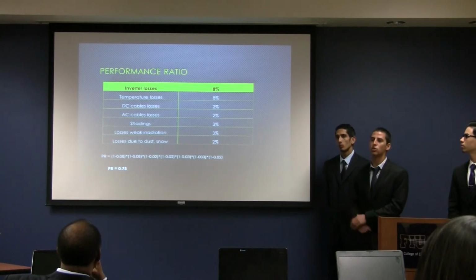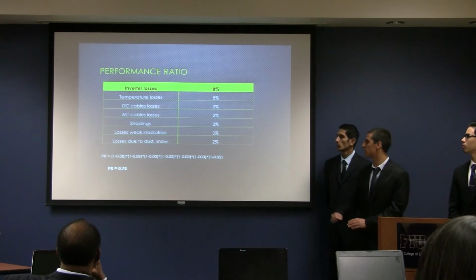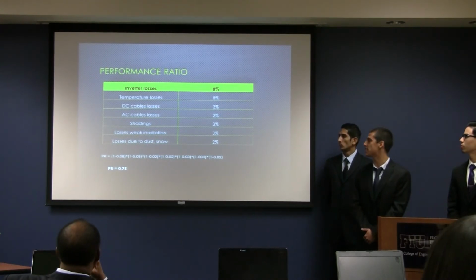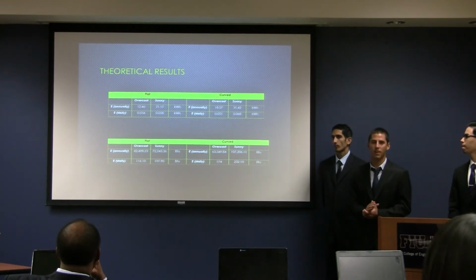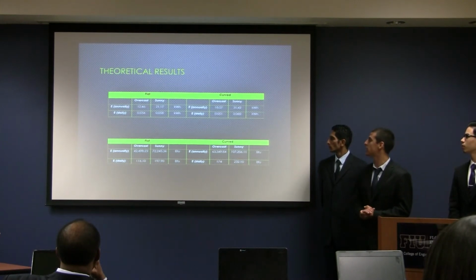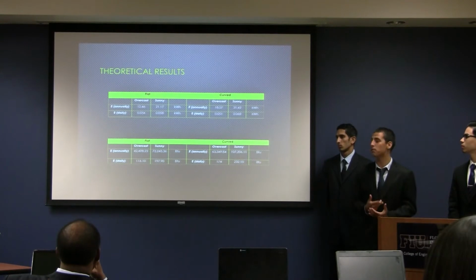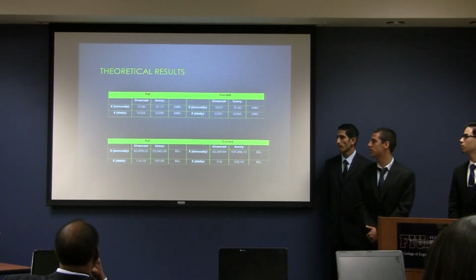This basically shows the factors affecting performance ratio and their values. We plug this in to find an overall performance ratio for each day of testing. And once we obtain all these four factors for energy generation, we plug them back into the generalized formula for energy to obtain our theoretical results for both days of testing for both panels. And here they are in the table shown in both English and SI units.